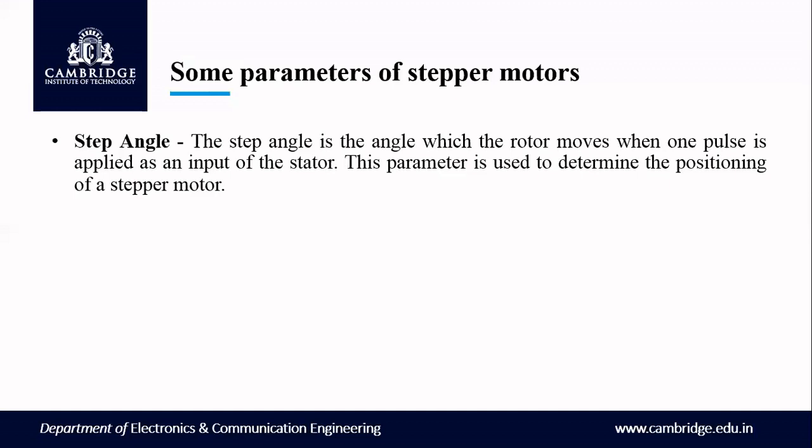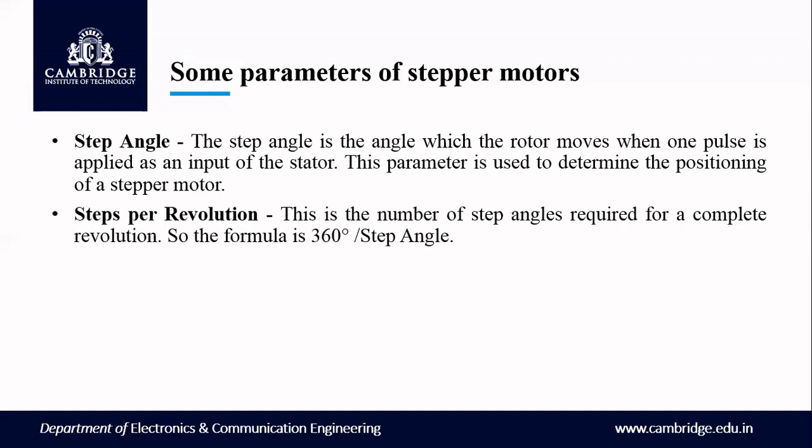In that case, we need to know how many pulses to provide and what the step angle is. If the step angle is 1.8 degrees and I want a 180 degree rotation, how many pulses do I need? We need to provide 100 pulses, so that 100 pulses into 1.8 degrees becomes 180 degrees of rotation. This concept plays an important role whenever you are writing the code. Next is steps per revolution.